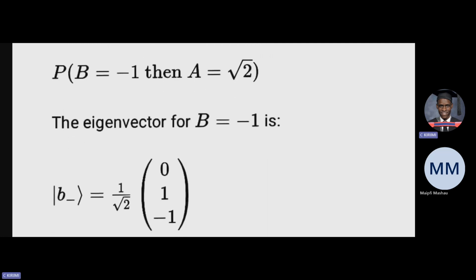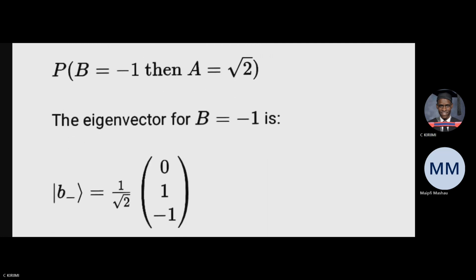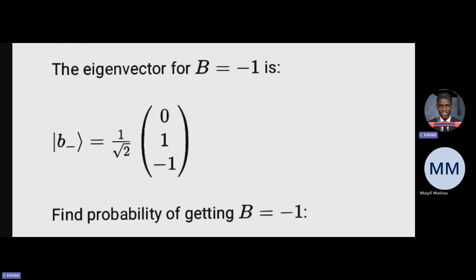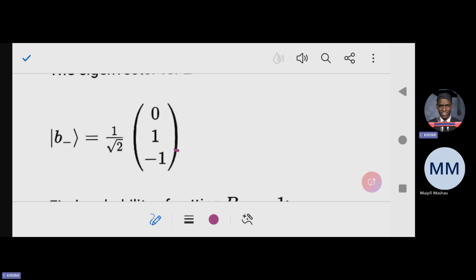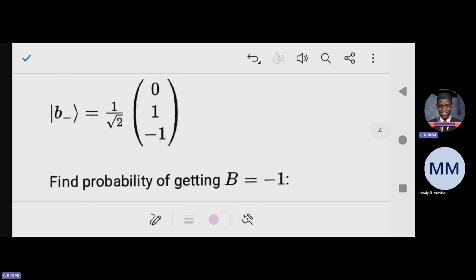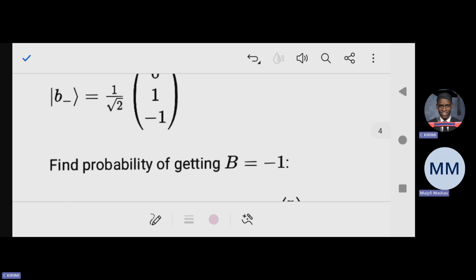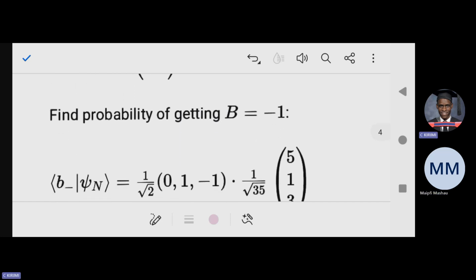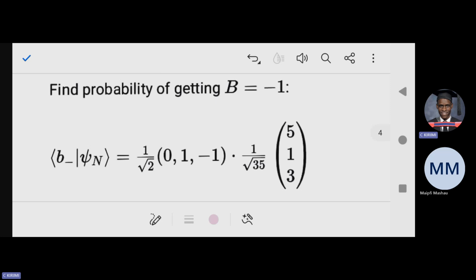So the eigenvector for B equals negative 1 is this one, where we introduced this negative, which we're asking about. So we want to find the probability of getting a B which is equal to negative 1. You normalize.